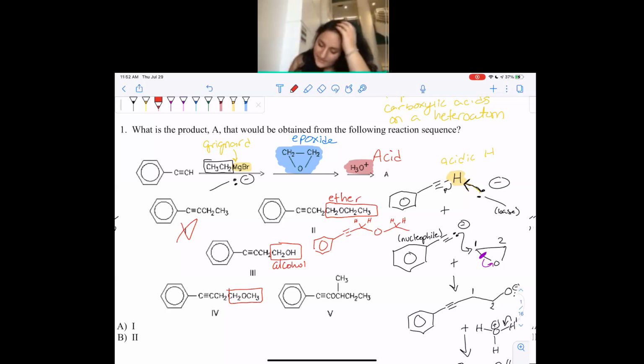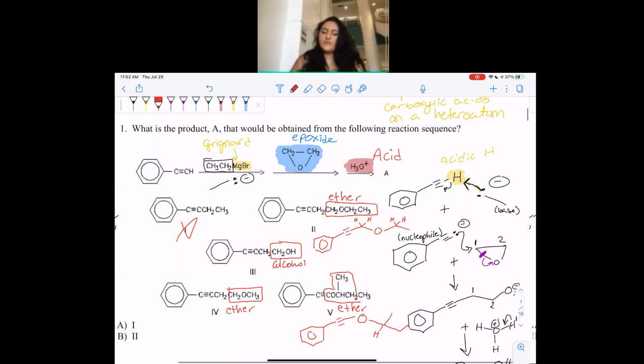Yes, exactly. So we got an ether. And this one is also going to be an ether. This one's a little bit harder to see. So we have this carbon attached to an oxygen, which is then attached to a carbon with one H, like that. So this one's a little funky looking, but it is an ether.